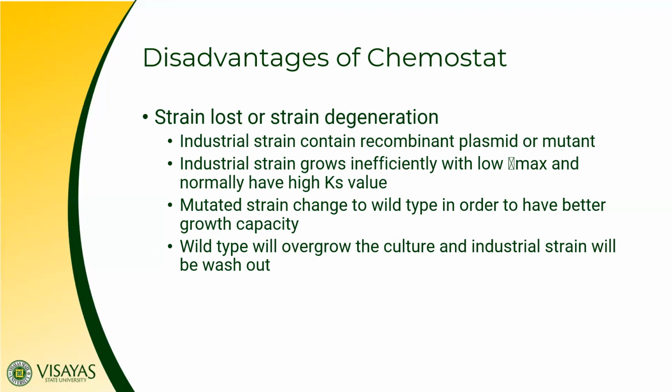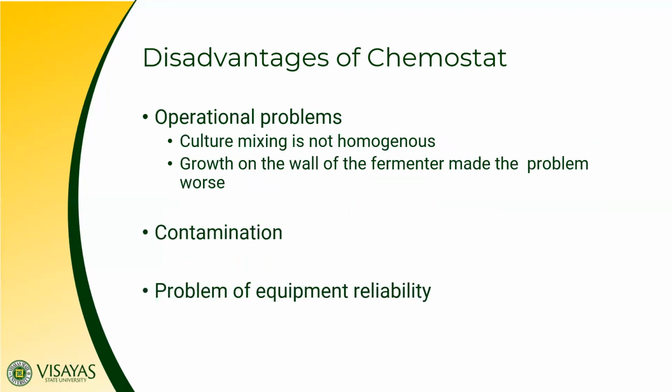So there's a risk of mutation when you use recombinant microorganisms. The wild type will overgrow the culture and the industrial strain will be washed out. Okay, so that's the disadvantage of the chemostat, or continuous culture fermentation.